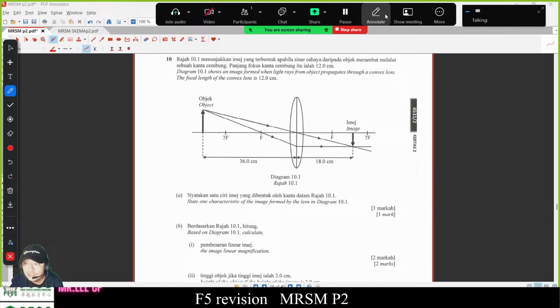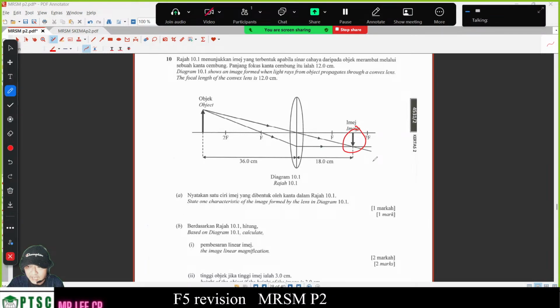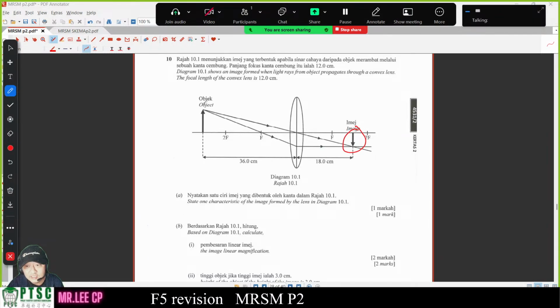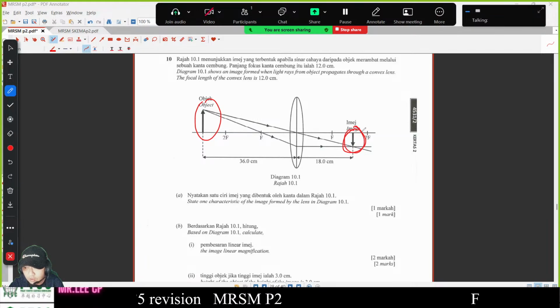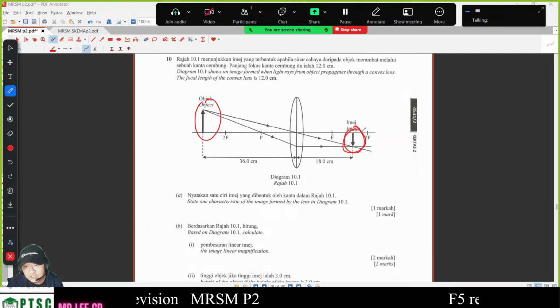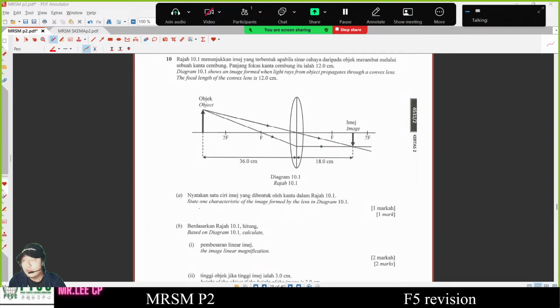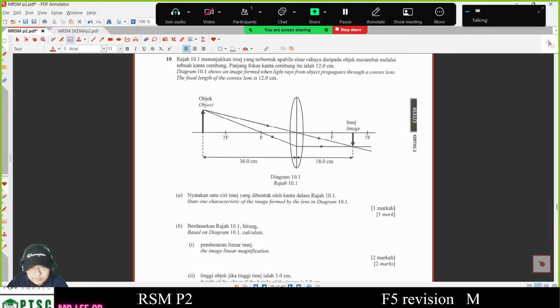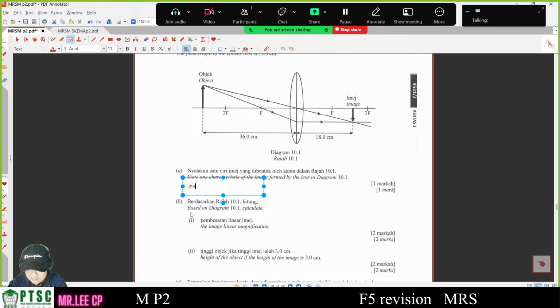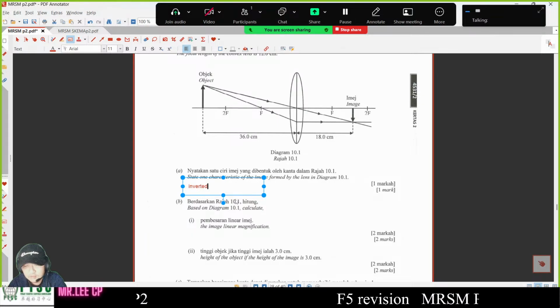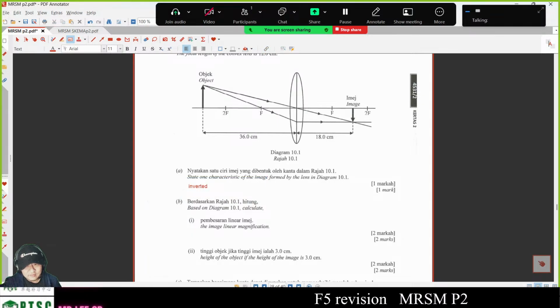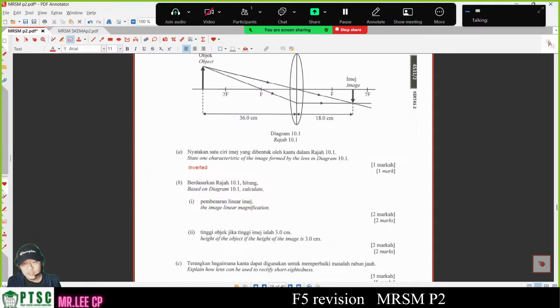So here you can see the image is upside down, it is called inverted. And then this one is big, this one is small. You can call it diminished. Just state one only. So I will write one: inverted. Actually, it is real, inverted, and diminished. Right? I just write one.